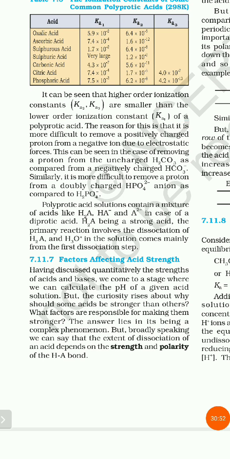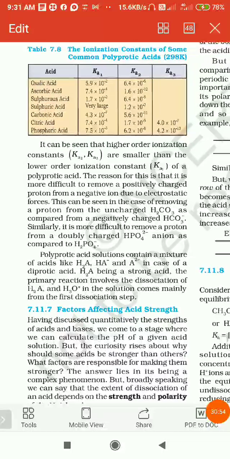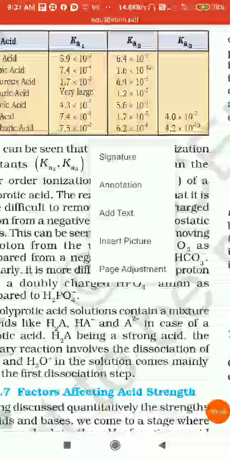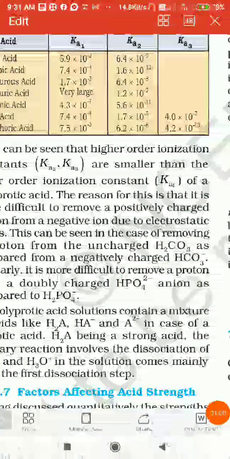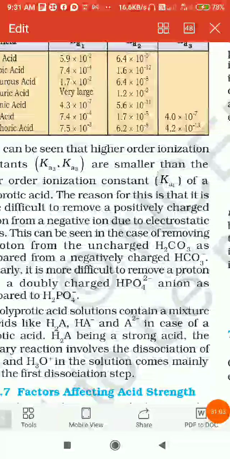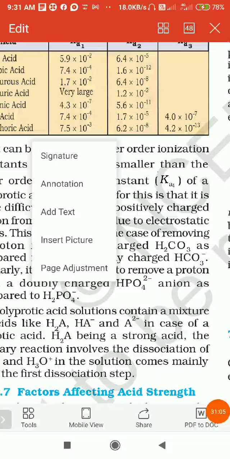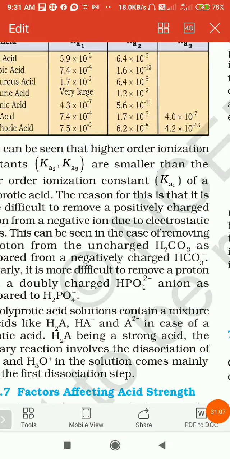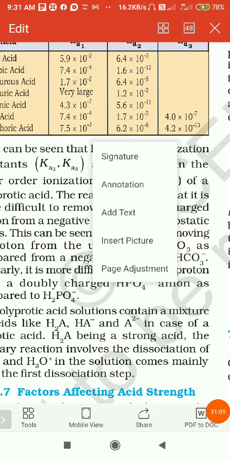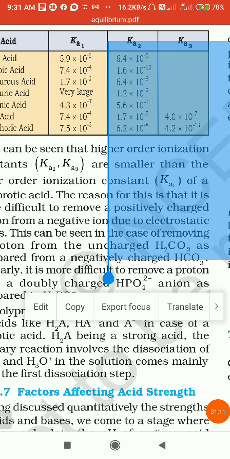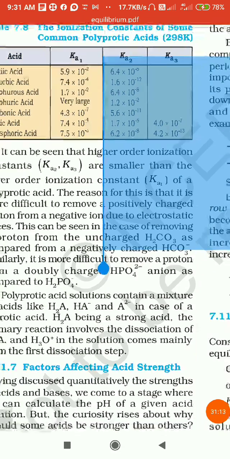For example, take phosphoric acid. The Ka2 and Ka3 values will be lower compared to the Ka1 value. Compared to Ka1, Ka2 and Ka3 will always be lower.